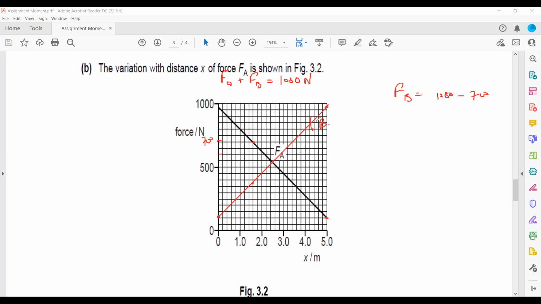Is it clear how we complete the graph for showing the variation of FB? Because the sum of FA and FB should be 1080, at all the points the sum should be 1080. Any doubt in this part?